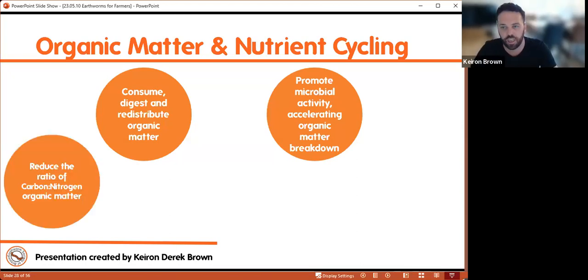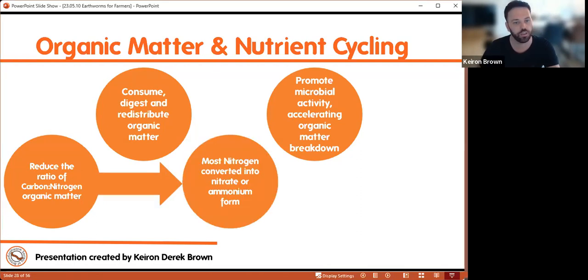In terms of the chemistry as well, they also reduce the ratio of carbon to nitrogen in organic matter. That means that most nitrogen is converted into nitrate or ammonium form. And what that means is nitrogen can't be taken up by plants in its original form, but when it's converted into a nitrate or ammonium form, it's then available to plants to use.